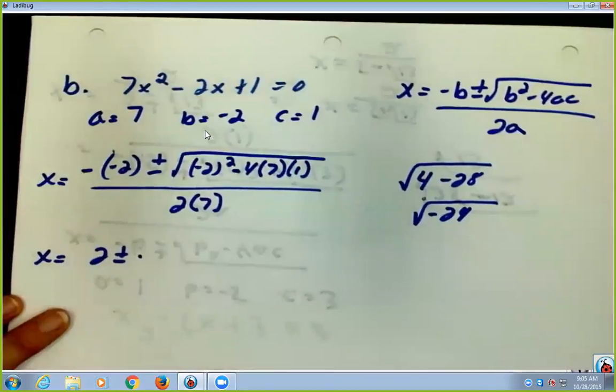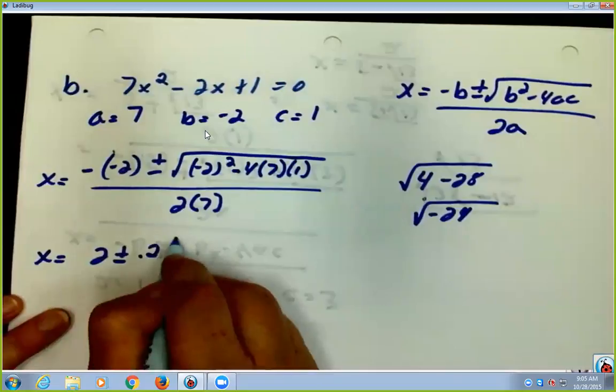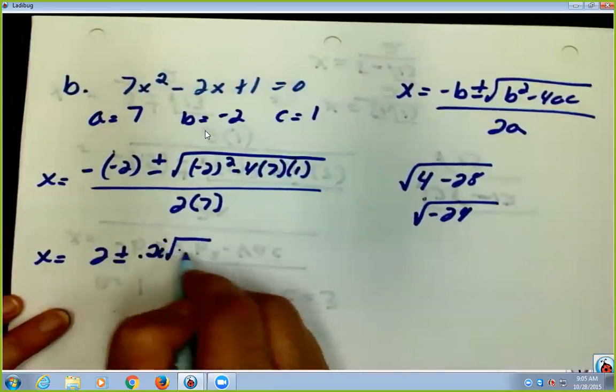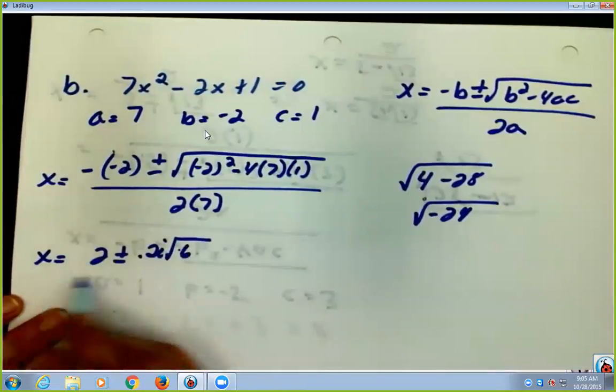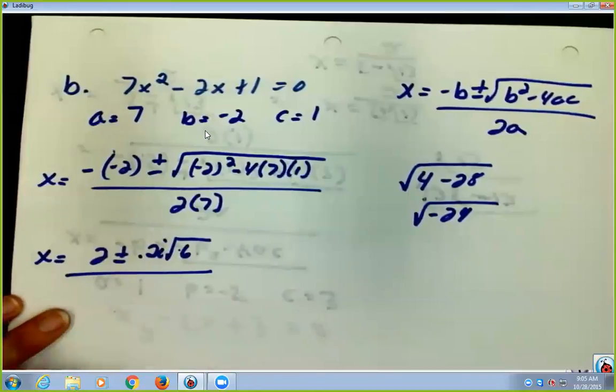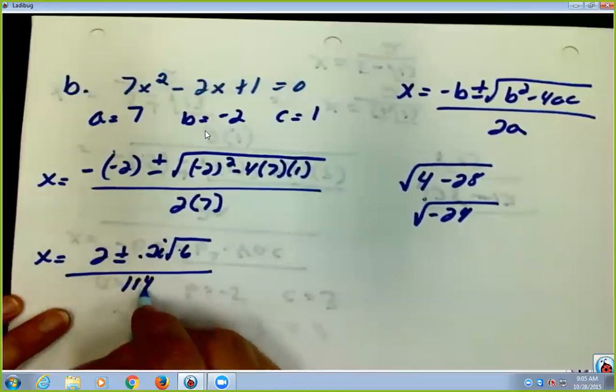I can pull out a 2. It's going to leave an i, and underneath the radical is going to be a 6. And in the bottom, I have 14. Whoops, 14. Not 144.